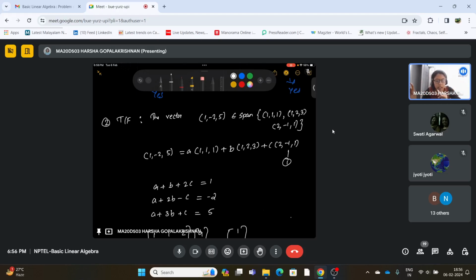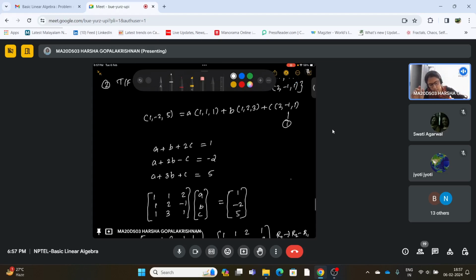The element on the right, 1 minus 2 5, can be written as a linear combination of the 3 elements in the set, because the real numbers A, B, C exist. So 1 minus 2 5 belongs to the span of the given set. So the statement is true.